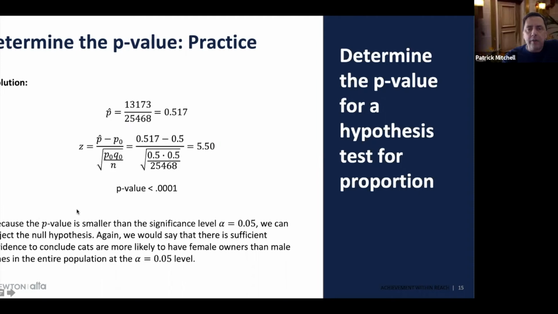Because the p-value is smaller than the significance level, alpha equals 0.05, we can reject the null hypothesis. Remember, when p is low, the null must go. So in this case, p is very low. We would say there is sufficient evidence to conclude cats are more likely to have female owners than male owners in the entire population at the 0.05 significance level. But again, some very proud male cat owners out there.